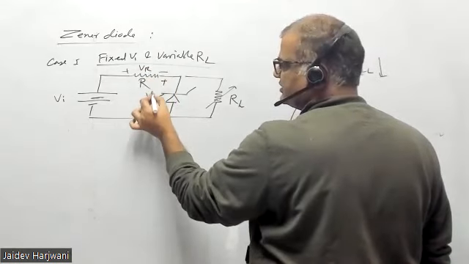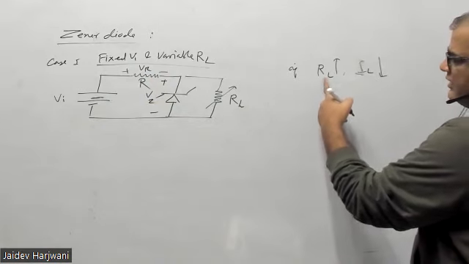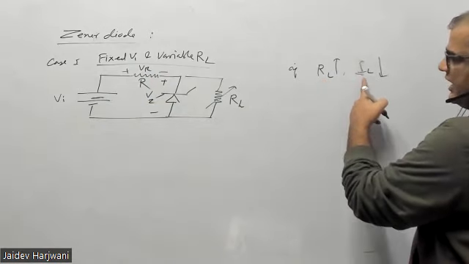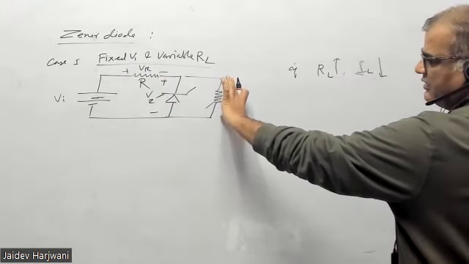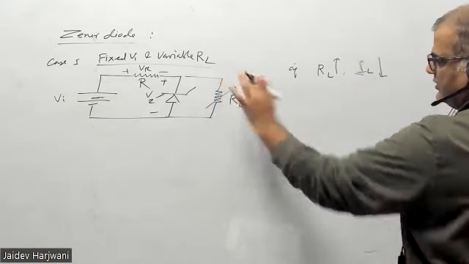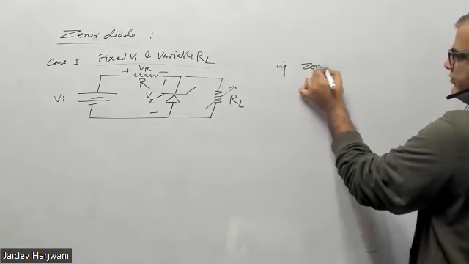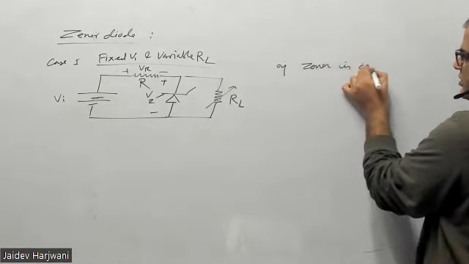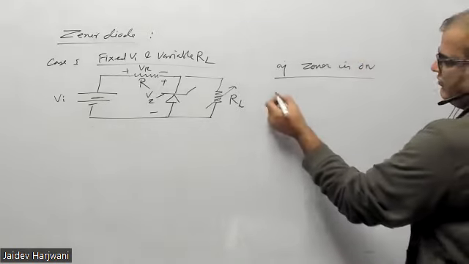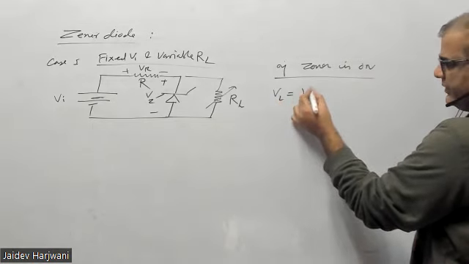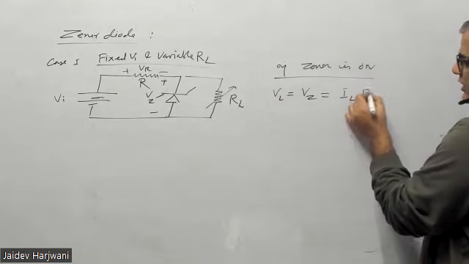This VZ is fixed. Now, increasing RL will affect IL, because the load voltage is fixed. So let me write here, if Zener is on, then VL will be equal to VZ, which is equal to IL into RL.